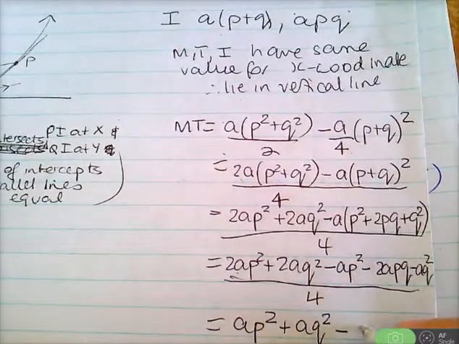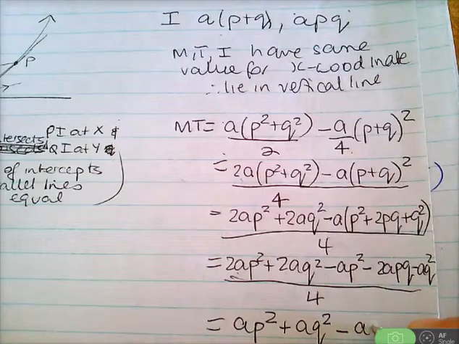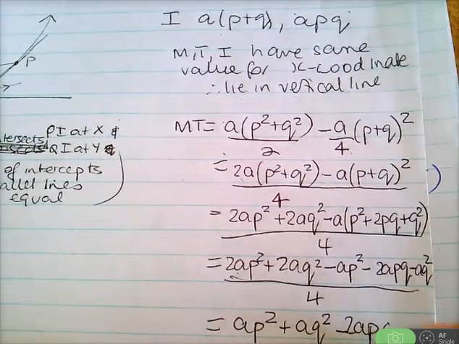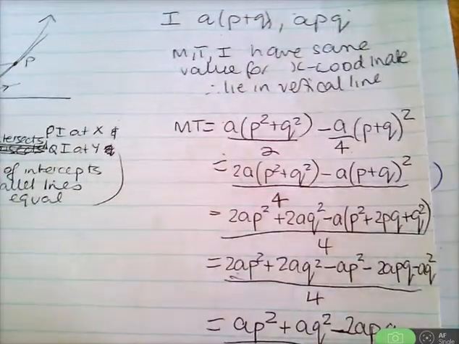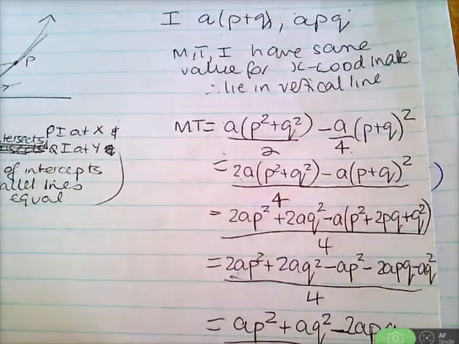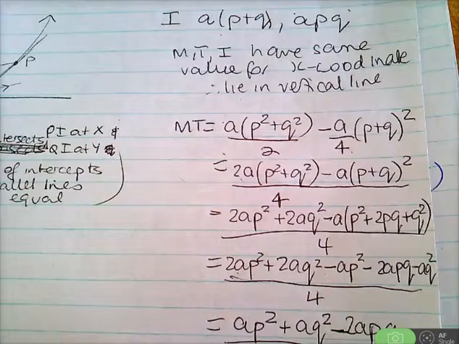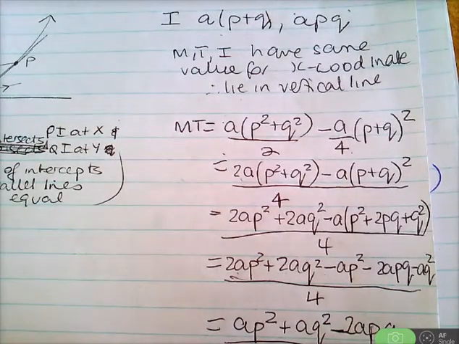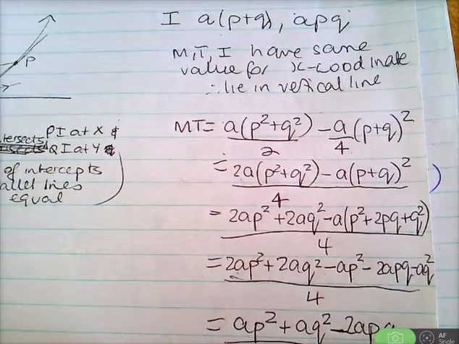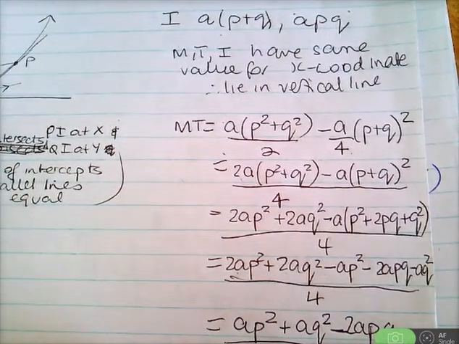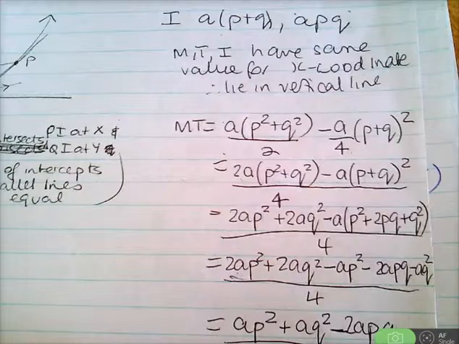So minus 2APQ all over 4. Which is, look, you can just take out the A from everything, I think. Yeah, A bracket, P squared plus Q squared minus 2PQ.